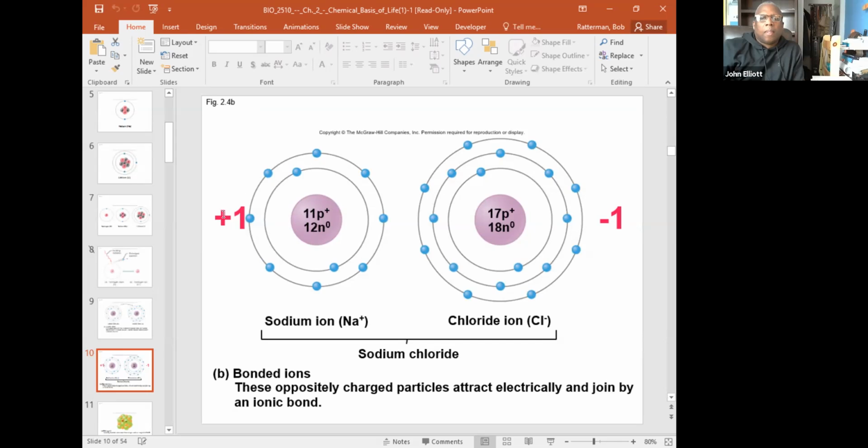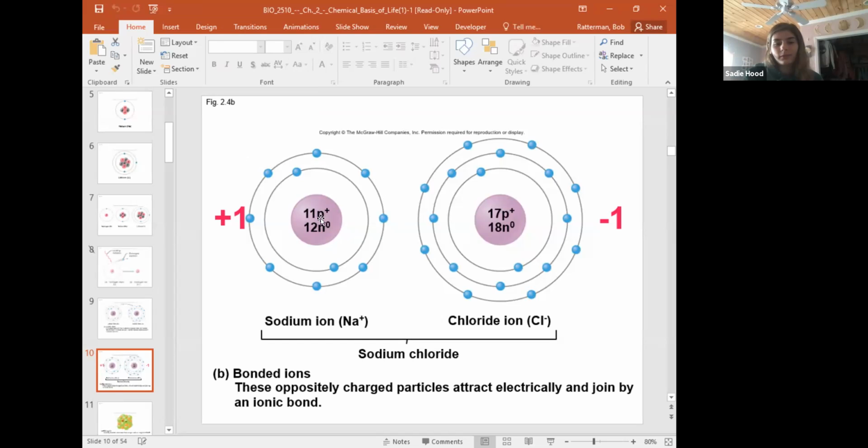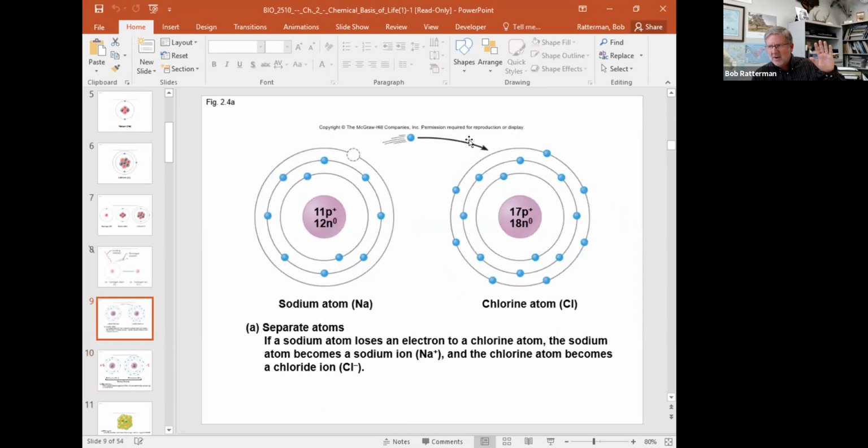How many plus charges are here on this sodium ion? 10. Plus charges? Well, 11. It says right there, 11. Yeah, I just didn't know if you meant after it lost. So that 1 made it stable. No. When it gave the electron away, that didn't change the positive charge, right?